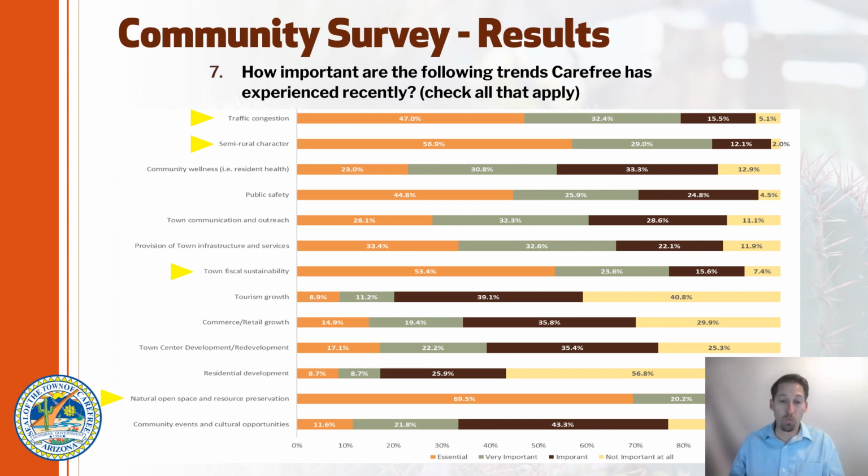But we did highlight maybe 4 key areas. If you're looking specifically at those responses where residents identified that it was an essential or very important trend that we should be considering, those top 4 focused on traffic congestion, semi-rural character, town fiscal sustainability, and natural open space and resource preservation.